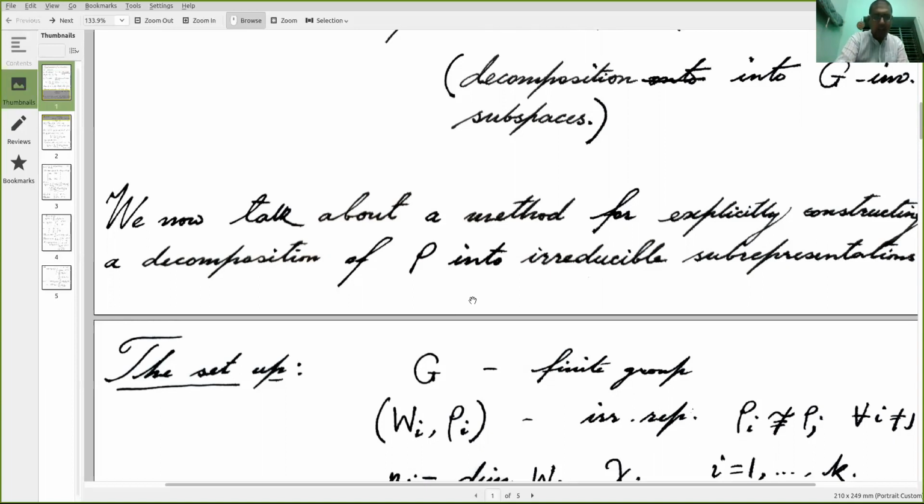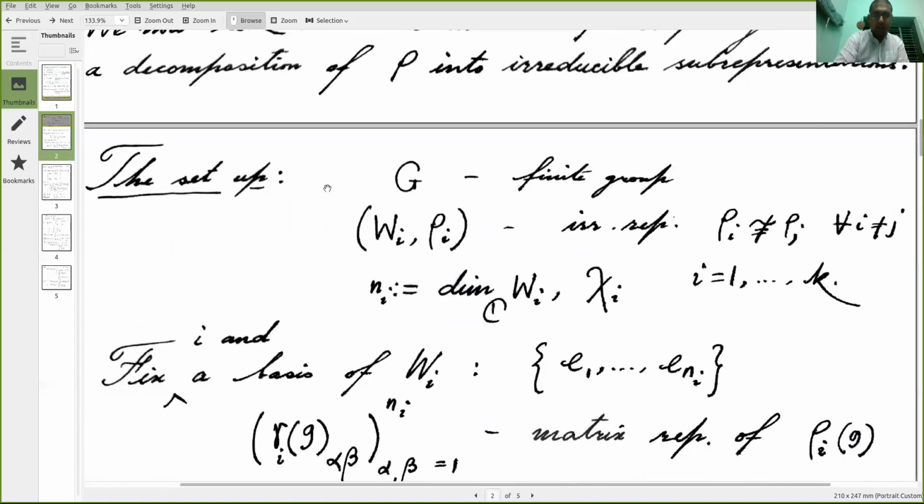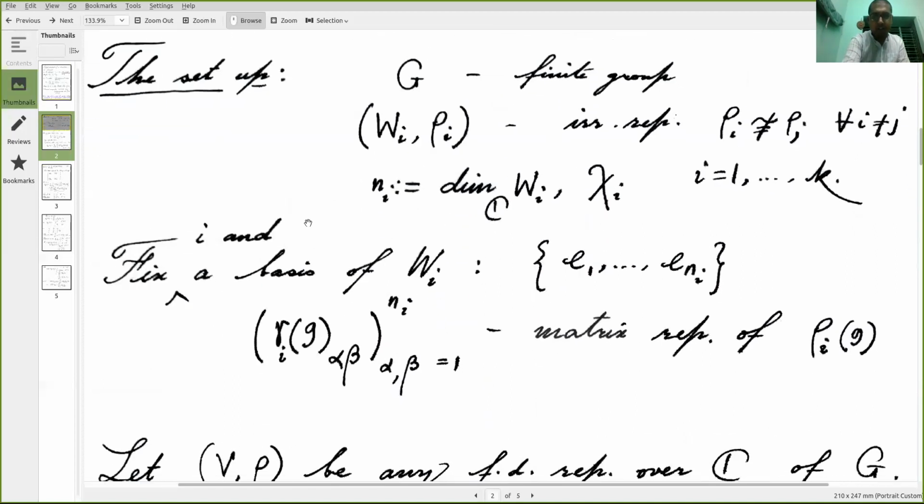Okay, so let's fix the setup for today. Here, as usual, G is a finite group, and these are all the irreducible complex representations of G. So the setup is exactly the same that we have seen earlier.